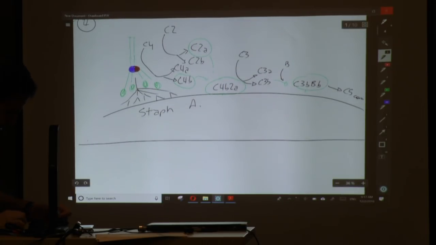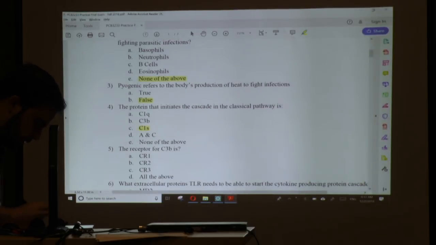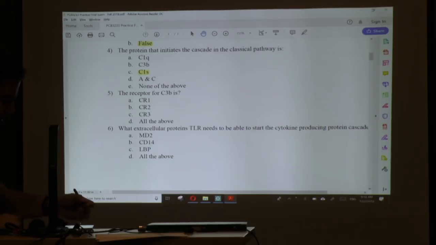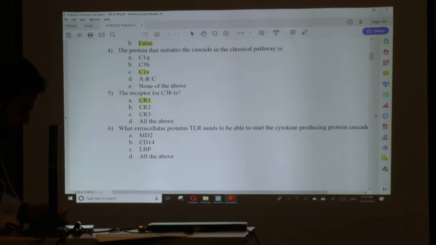Let's draw a line here. So next question is, the receptor for C3b. We just said this. Which one was it? CR1. Awesome. Now, this next question is about the Toll-like receptor.